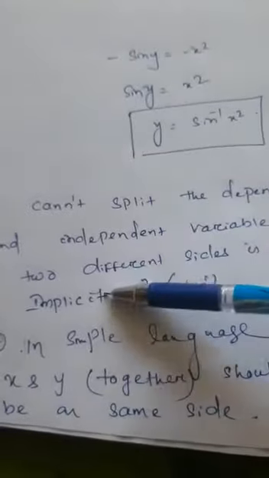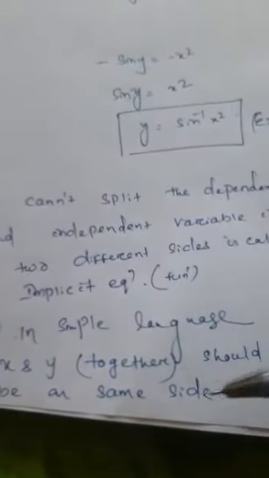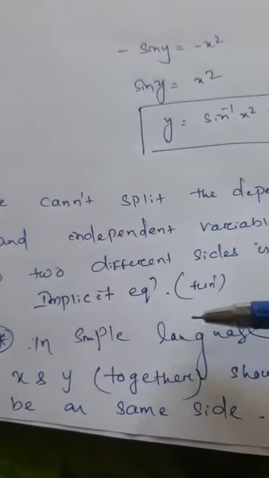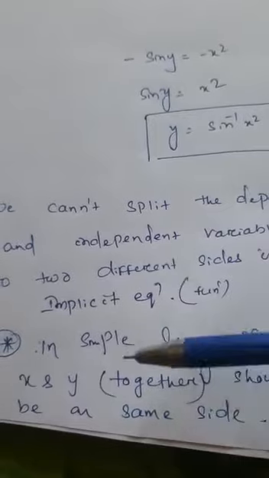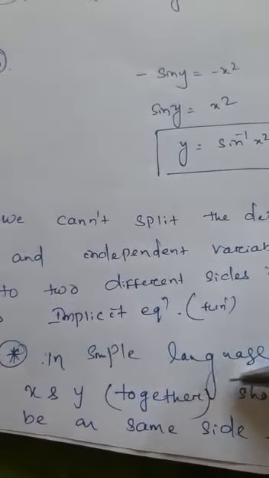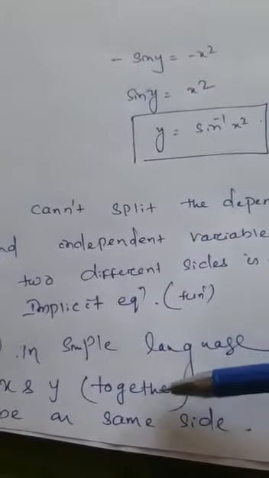So in simple language, what is the meaning of implicit equation? x and y together are on the same side.